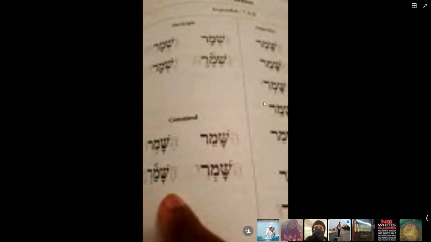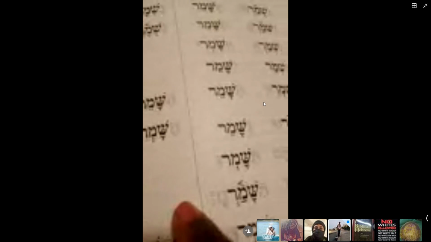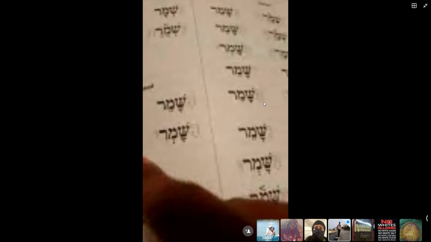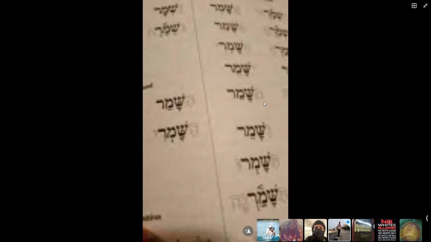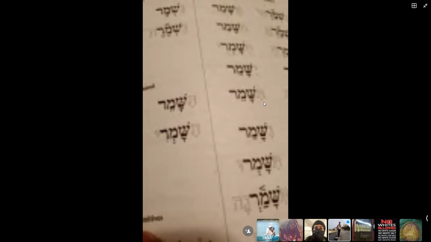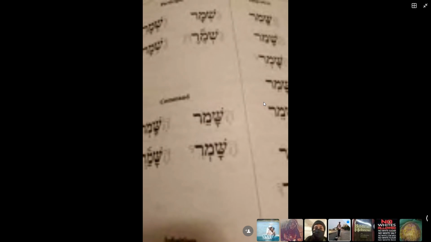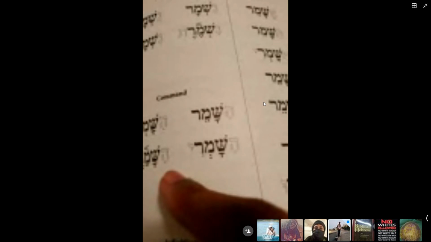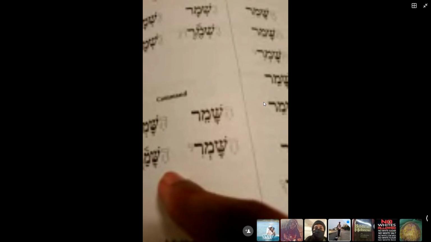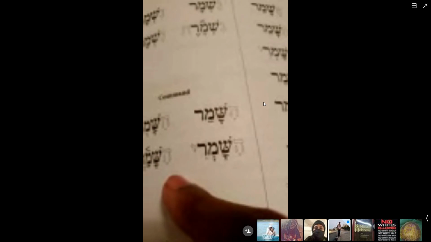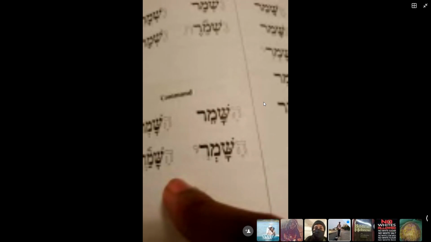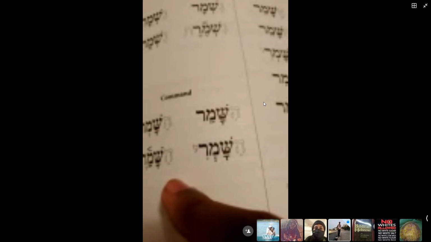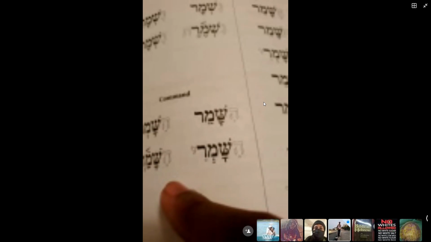Then you have Hishamarna, becoming from Tishamarna, that being the rare form, but the feminine plural form. It's a rare form that's used, but still important to be able to recognize, even if you don't plan on using it in conversation. I would say it's important to be able to recognize in text, because it is used in the Torah.